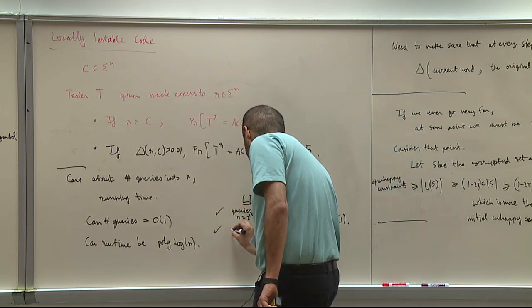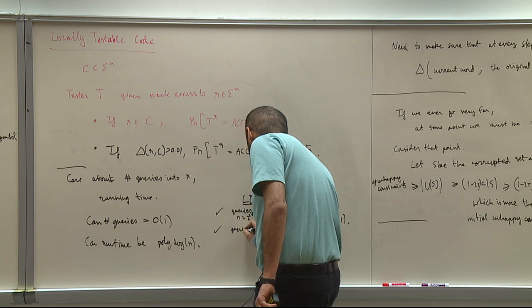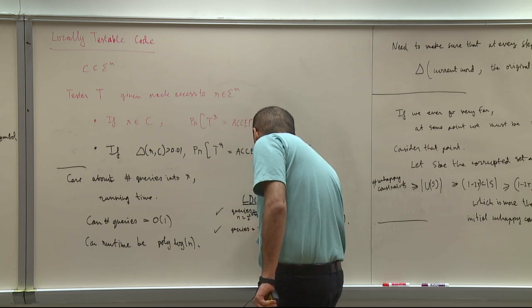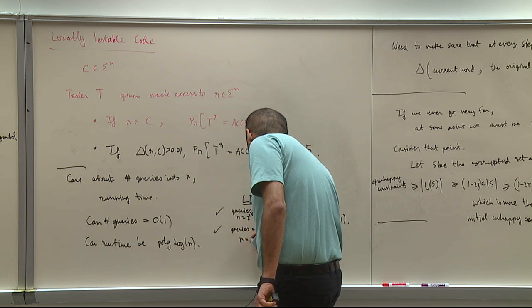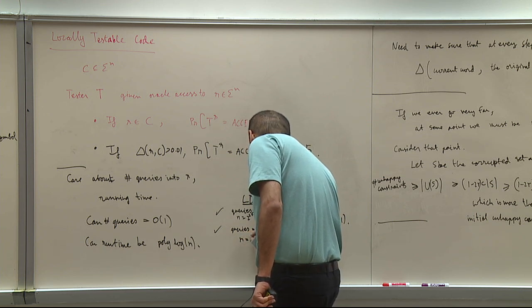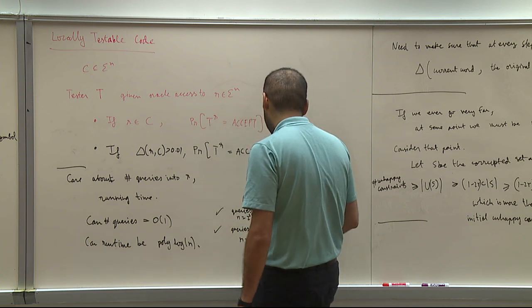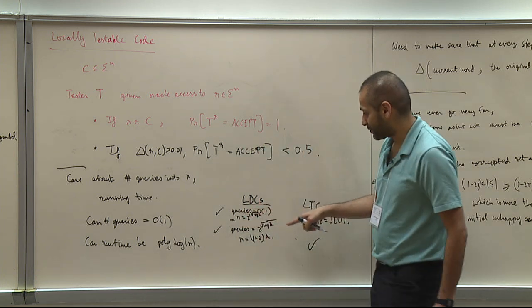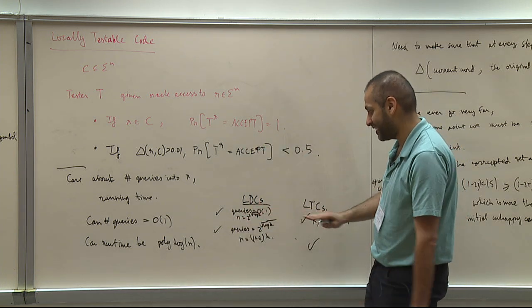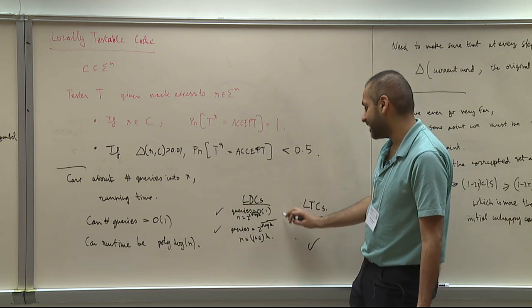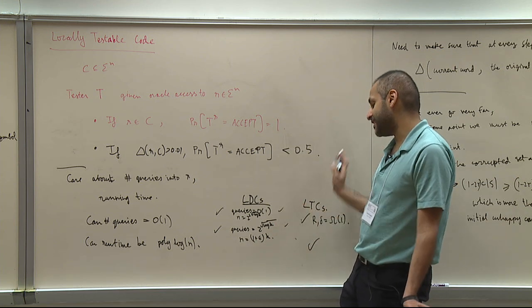And there's another setting where queries is 2 to the root log k, and n is 1 plus epsilon times k. There are lots of square root logs, 2 to the square root logs for some reason, which are totally unrelated. And there are various positive results on locally decodable codes.